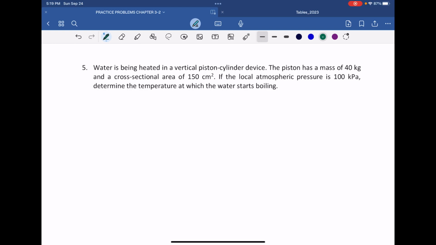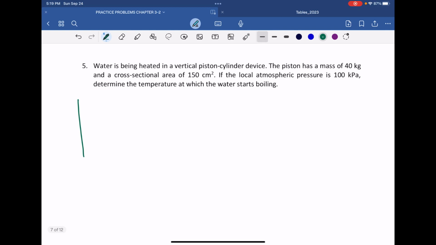Okay, so the temperature that the water starts boiling has to be the saturation temperature at that pressure of that system, your water. And this looks like actually a force balance question. So let's sketch it and explain.